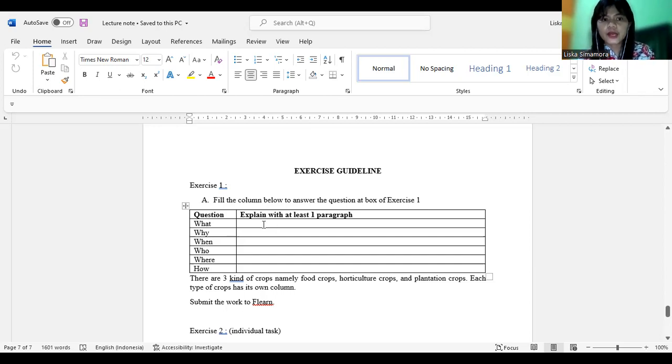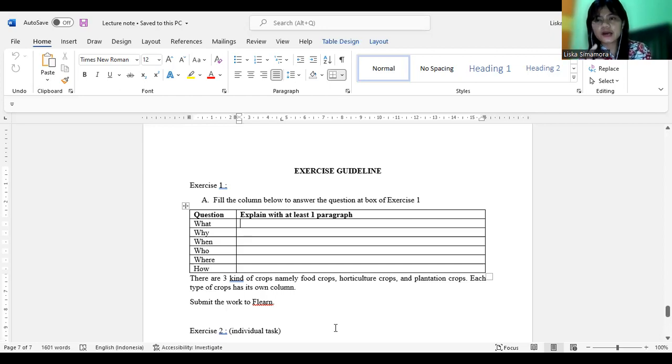Because there are 3 main crops: food crops, horticultural crops, and also plantation crops, it means this table also you have to make into 3 tables. One table to identify the problem that happens for food crops farmers.